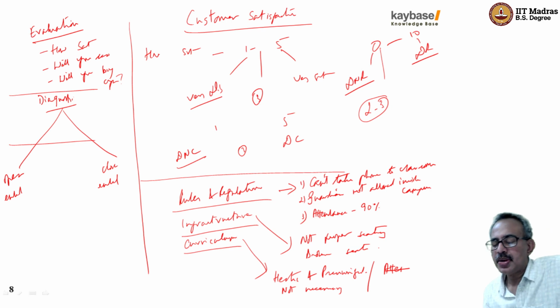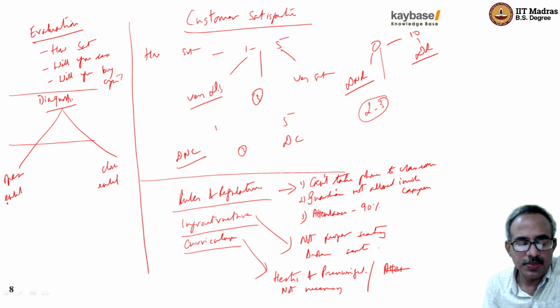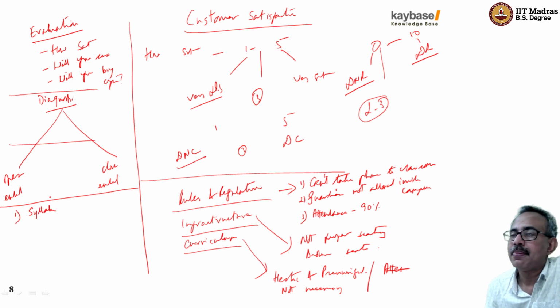Okay, excellent. Now, I will ask you, how satisfied are you with the syllabus? Again, on a scale of 1 to 5. 4. How satisfied are you with the teaching? 4. How satisfied are you with the extracurricular facilities? I'll give it a 4.